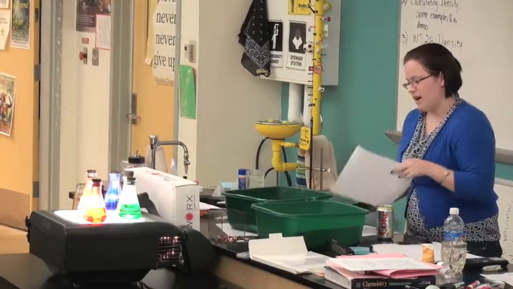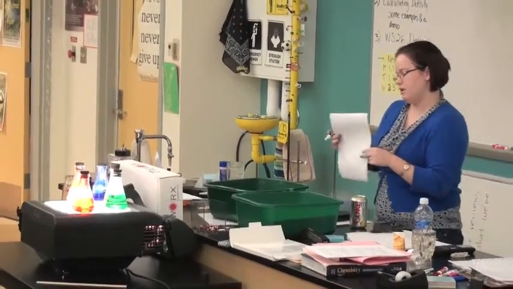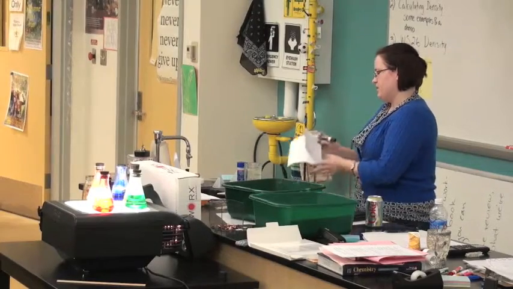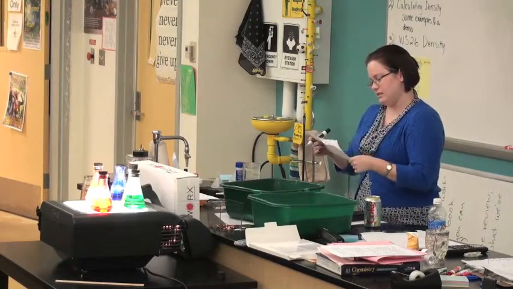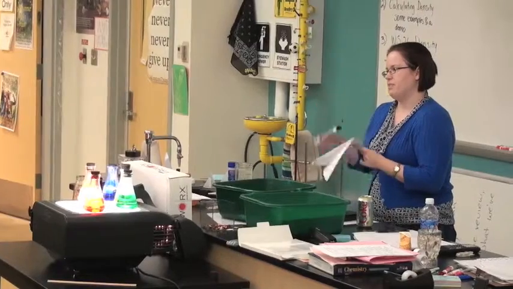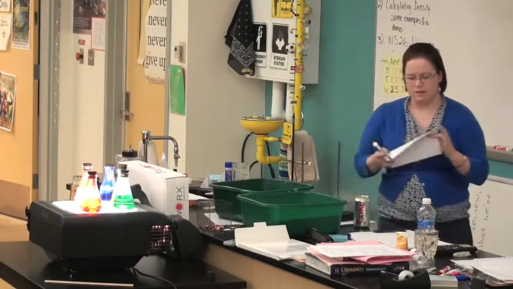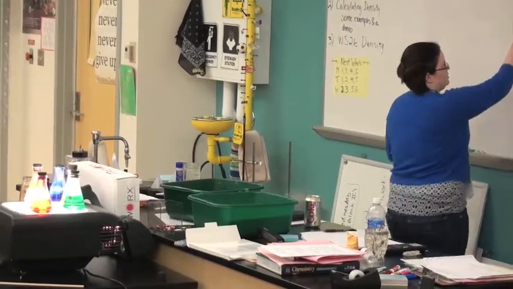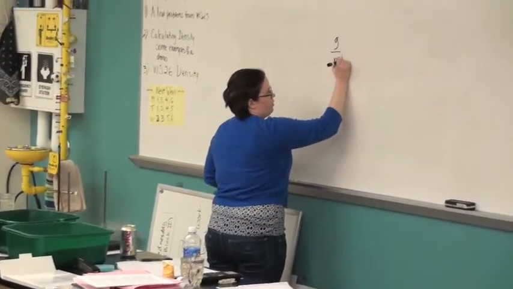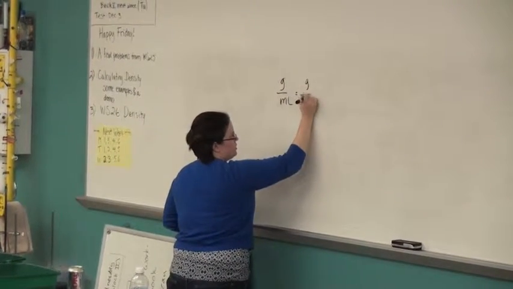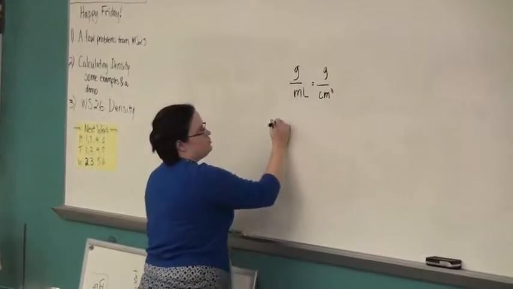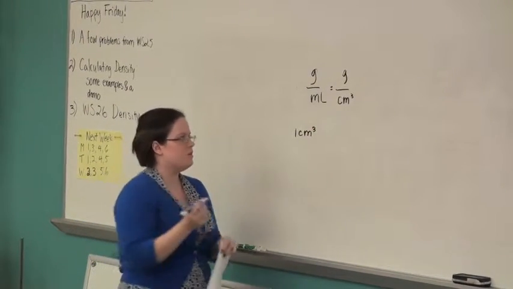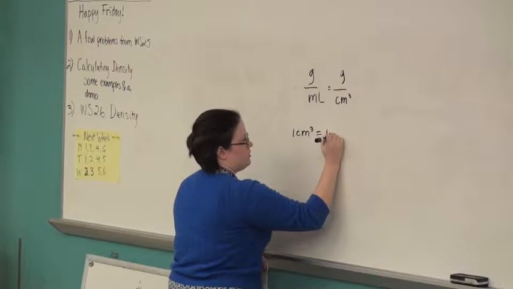So I need you guys to help me figure out what order I need to add these liquids to the jar. I happen to have a list of how much mass they have and what volume they would take up. So we need to calculate what their density is in order to see which one will go first. The standard unit that we usually use for density is grams per milliliter or grams per cubic centimeter. 1 cubic centimeter, like a cube with each side 1 centimeter long, is the same thing as 1 milliliter.